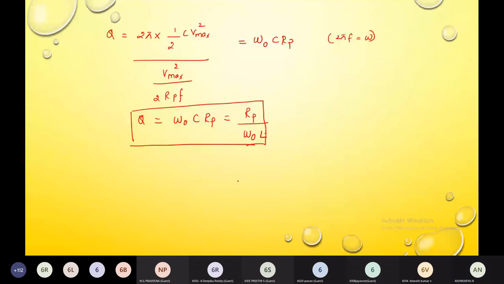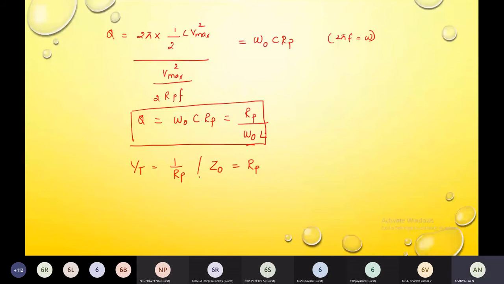So this is the quality factor. We know that YT equals 1 by RP and the other terms will be 0, because at resonance your inductive effect and capacitive effect will cancel each other. So YT equals 1 by RP, or I can say your Z naught is equal to RP.